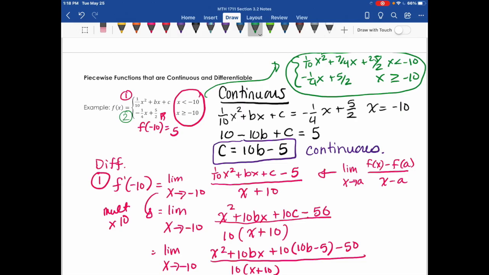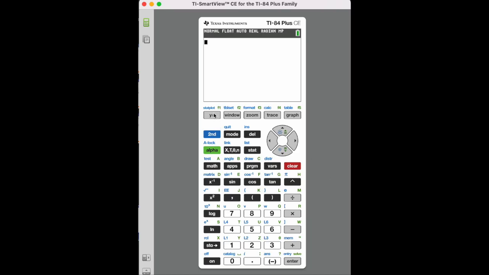Let's take a look at this on the graphic. All right, so let's go ahead and graph this function that we came up with the values of b and c to make sure that this works. So I'm going to put in parentheses 1 divided by 10, and then x squared. And we're going to add that to 7/4 x, and then add 25 over 2.